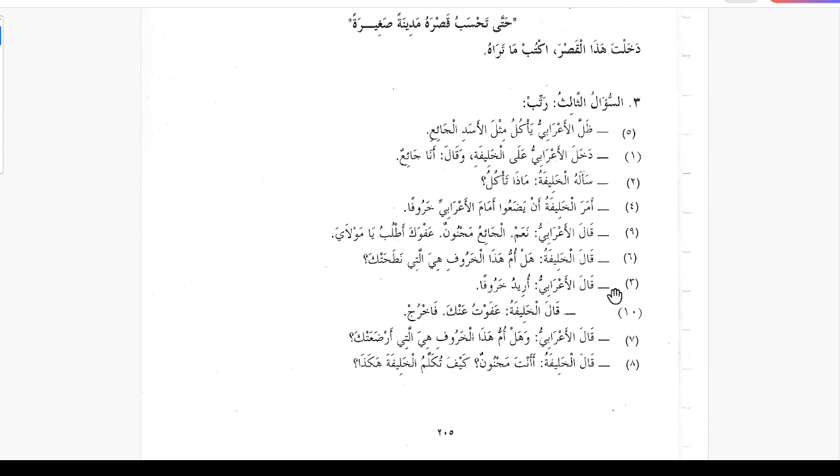And then Amar al-Khalifatu an yaza'u Amam al-Arabiyi kharufan, the caliph ordered to put in front of the Bedouin a lamb. So he ordered to bring and put in front of him the roasted lamb. Number 5, Dalla Arabiyu yakulu misl al-asadil ja'i.